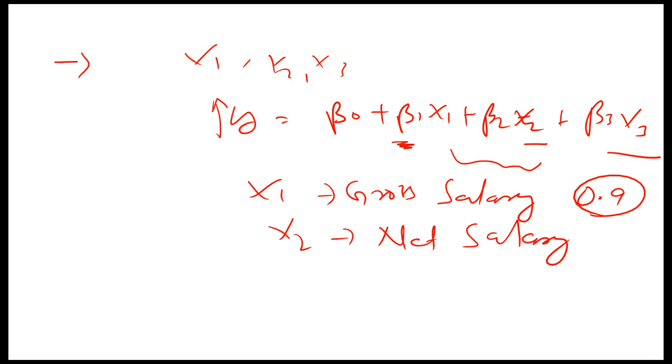That means you cannot say, given my gross salary constant, what is the increase in net salary? That is never going to happen; it will automatically increase. So in such scenarios, we face an issue called multicollinearity. Just watch this video on multicollinearity, how we detect it and how we get rid of it.